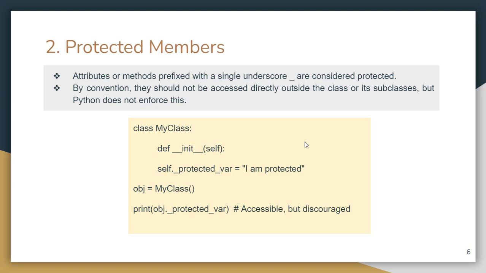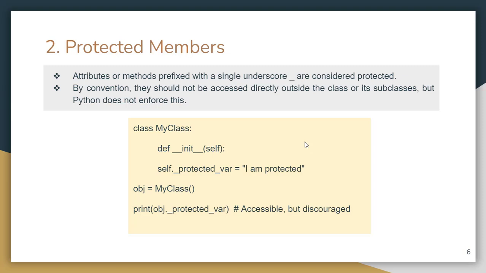After the colon, self._protected_variable is the name of the variable. With the prefix underscore, it is a protected member, and it stores the text value "I am protected".